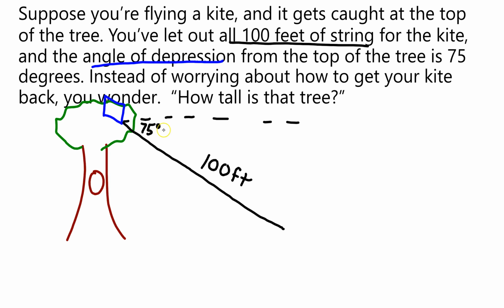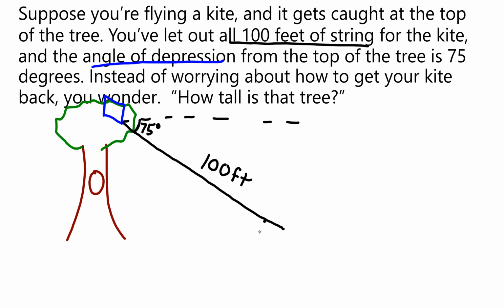Now notice, I drew the angle of depression at the top of the tree as opposed to down on the ground here. The reason for that is that an angle of depression means you're going from the top and looking down. Keep in mind depression, if you're sad, you're depressed, you're looking down. That's the way I remember that phrase.